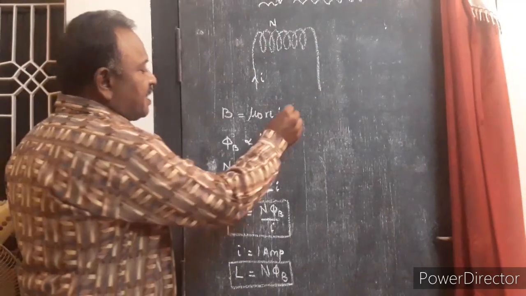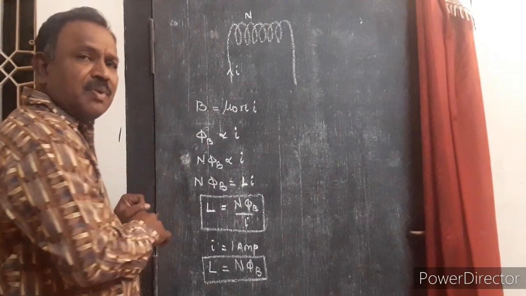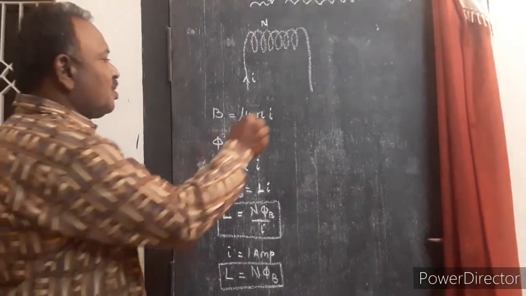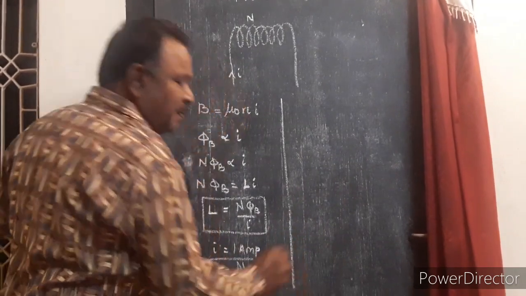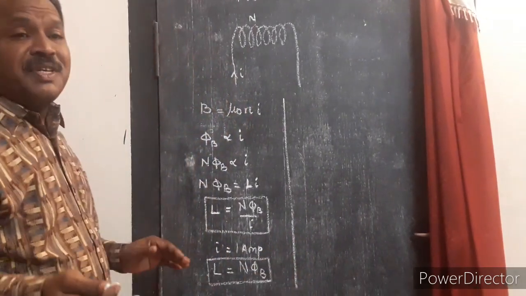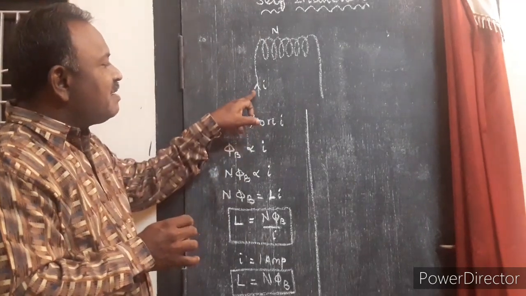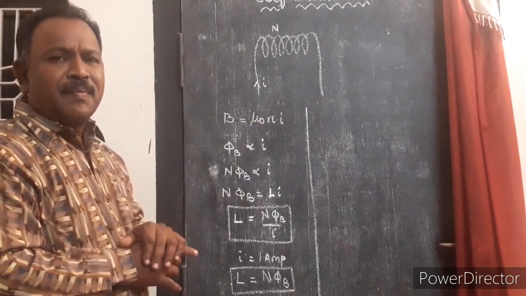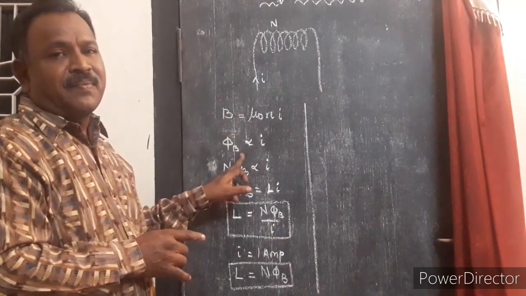This expression tells that phi B is directly proportional to I. The self-inductance of a coil can also be expressed in terms of induced EMF. When current slightly changes in the coil, it will produce a change in the magnetic flux.